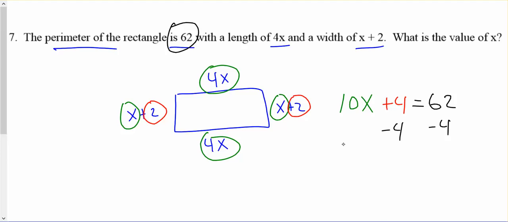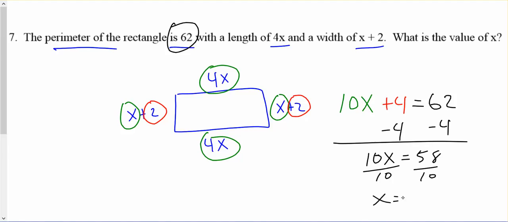Subtract 4. 10x equals 58. Divide by 10. And so x equals 5.8, or I guess that would simplify to 5 4/5.